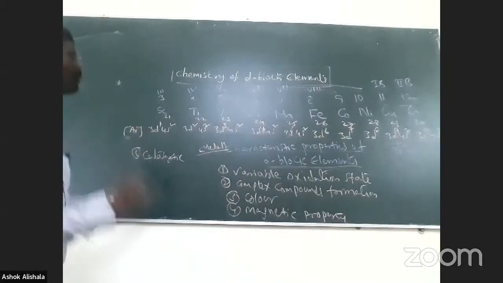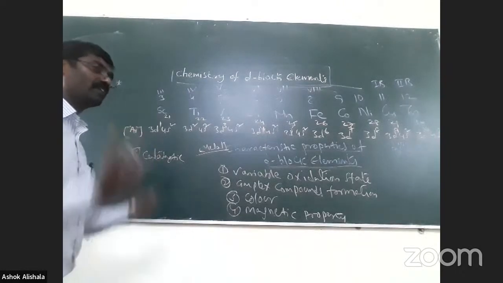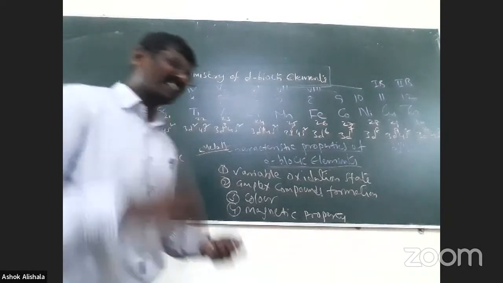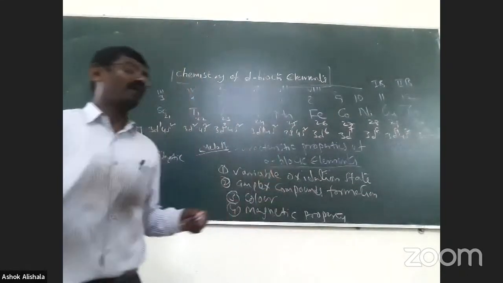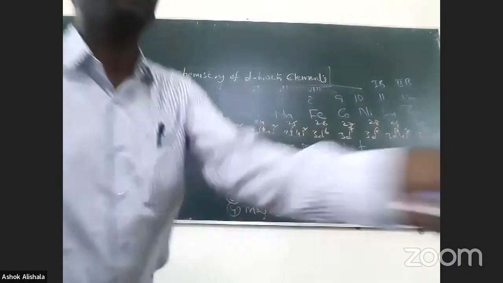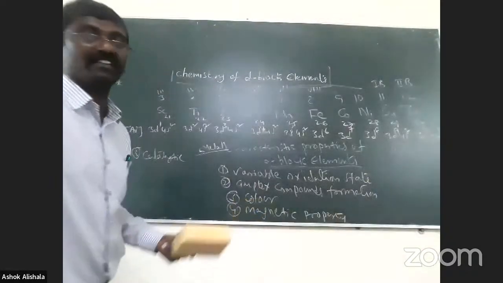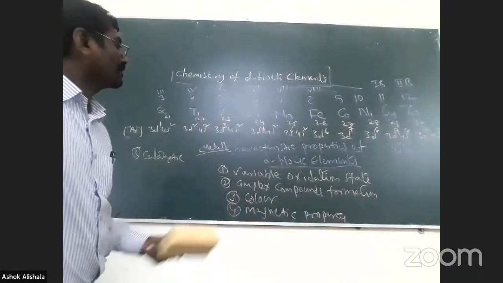Electrical conductivity, sir. Of course, these are metals. They are good conductors of heat and electricity. Among all the available metals, the best conductor of electricity is which one? Silver. Among all the elements.